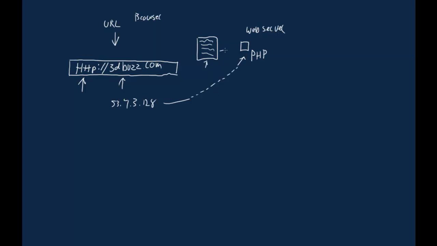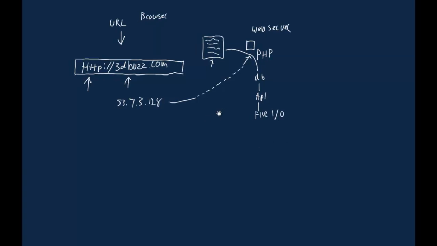It's going to go through a pipeline of code, which might include talking to a database. It might include talking to an API like Twitter. It might include reading a file on the server.